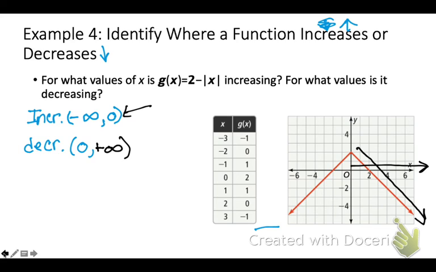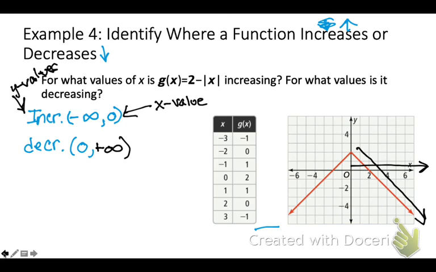These are x values, not y values. I'm talking about the x. This is the y values. Does that help? The increasing and decreasing are the y's. The negative infinity to 0 are my x's.